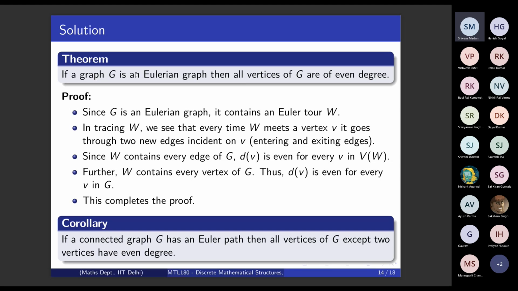Anyway, you have an Eulerian tour W. Now what we will do is trace the W. W is a walk, a closed walk.